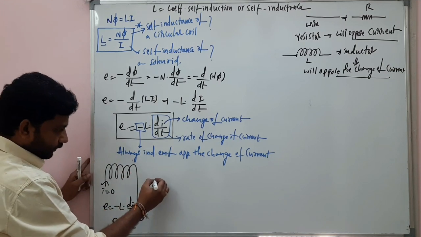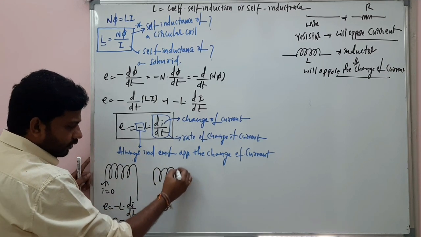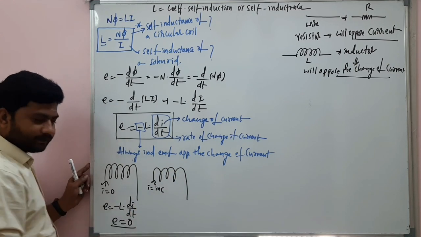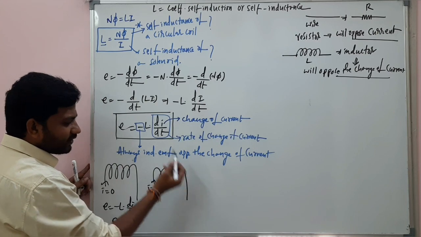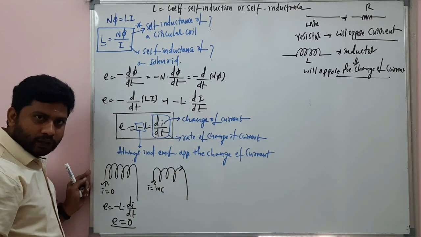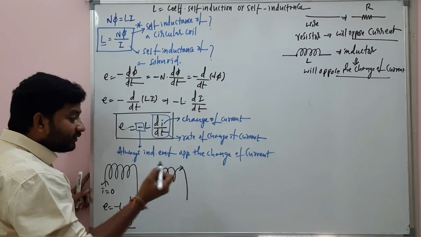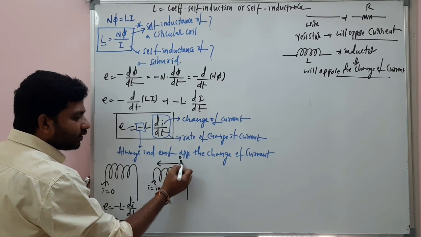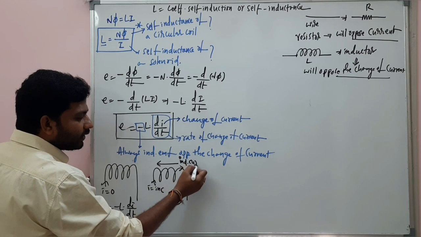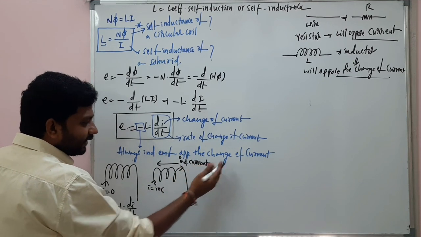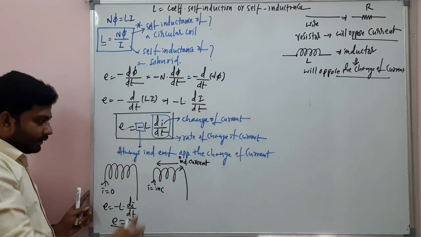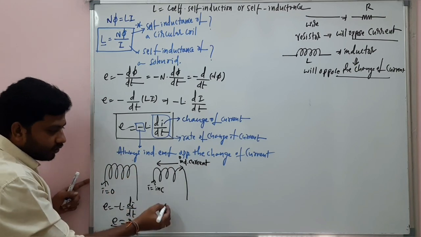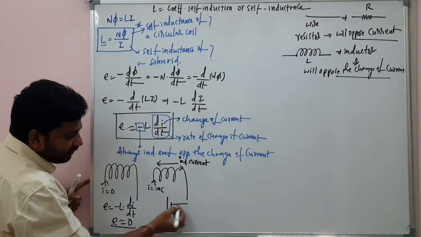Now let's see a coil where the current value is increasing in this direction. The induced EMF, that means the induced current, will oppose this flow. We have done the detailed analysis in the last slide. As this is the direction of the induced current, you can write the induced EMF direction also.